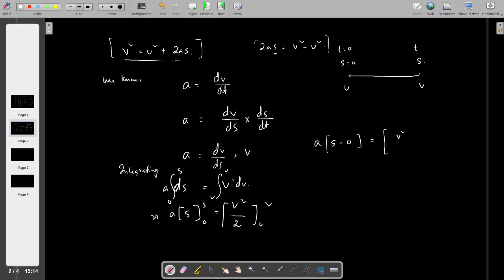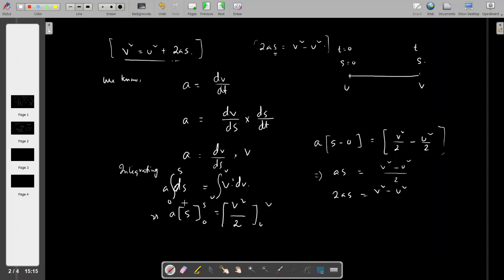It was v, so it is v square by 2 minus, what is the lower limit? u. In place of v, now you will put u, so it becomes u square by 2. The LCM is 2, so it is v square minus u square. So v square minus u square will be your 2as. So you see, your second equation of motion is also derived using integration, using calculus.